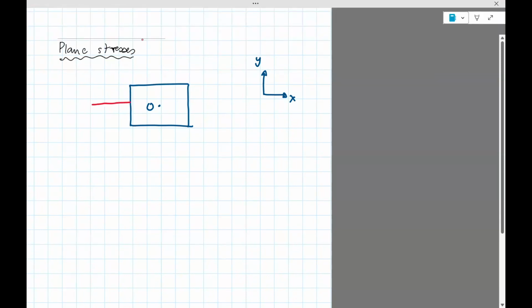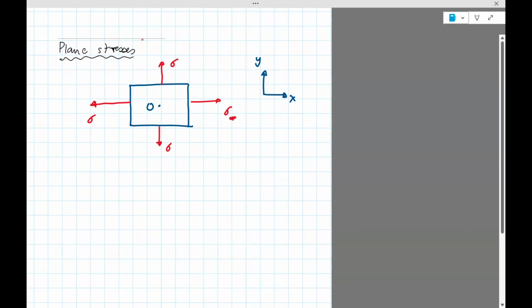Okay, and then maybe you can help me here. These stresses which I've shown are clearly normal stresses. So what should I put for the subscript? There are only 3 options: sigma x, sigma y, sigma z. So what should go here?